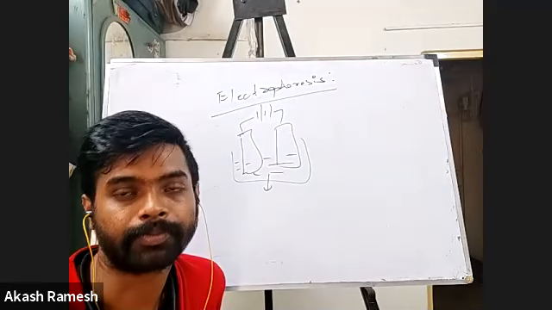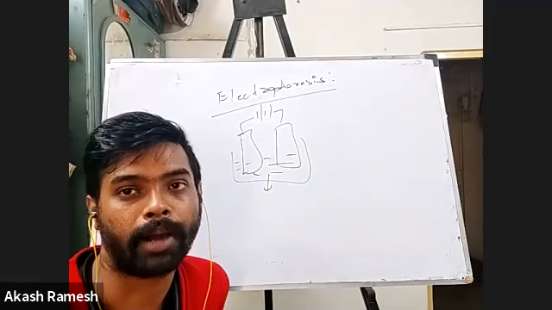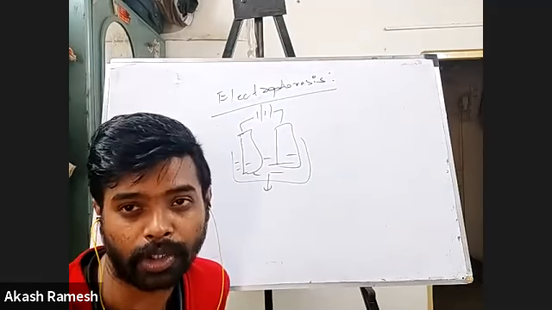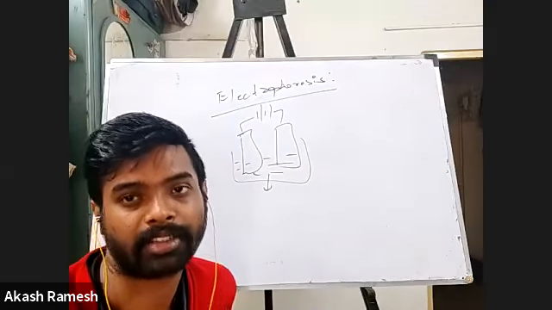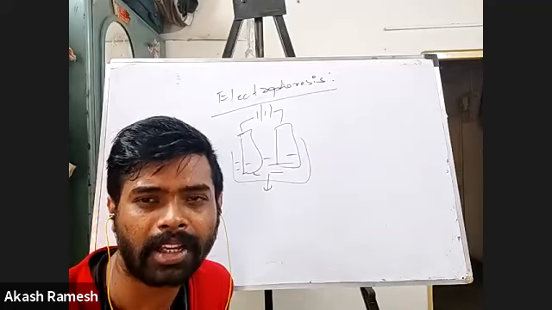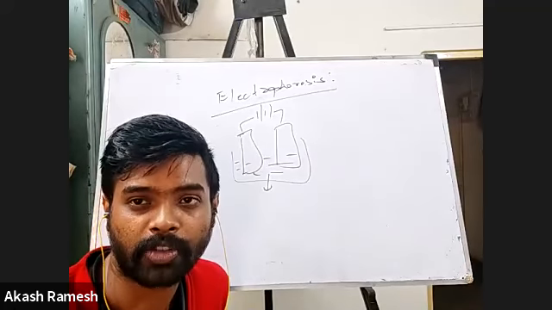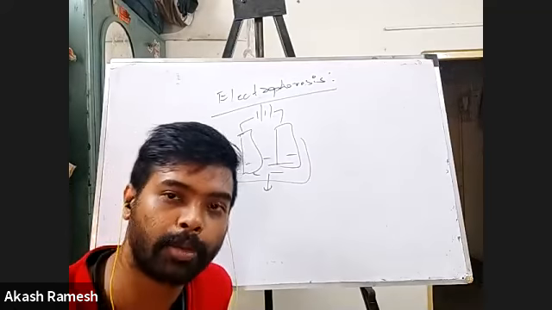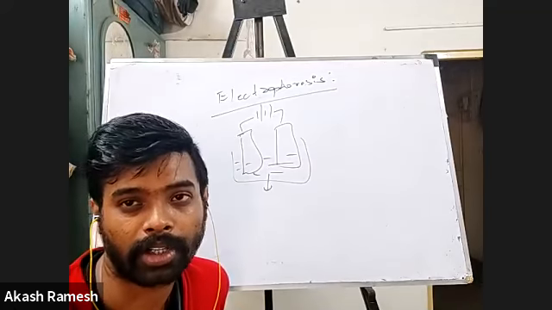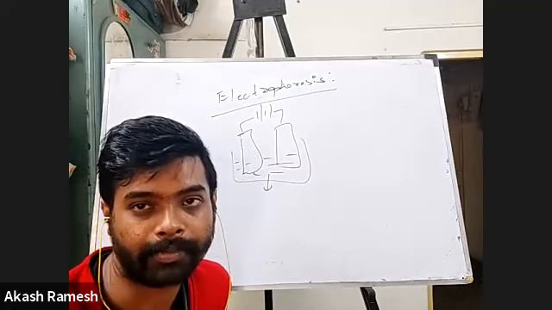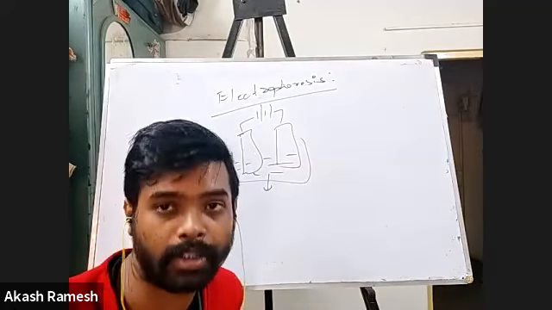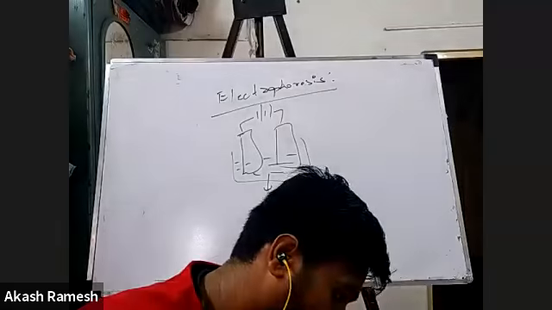This phenomenon of movement of colloidal particles under the influence of an electric field is what is called electrophoresis. Phoresis means movement; electrophoresis means the movement is happening because of the electric field. Again, this is another property of colloids because of the charge basically.